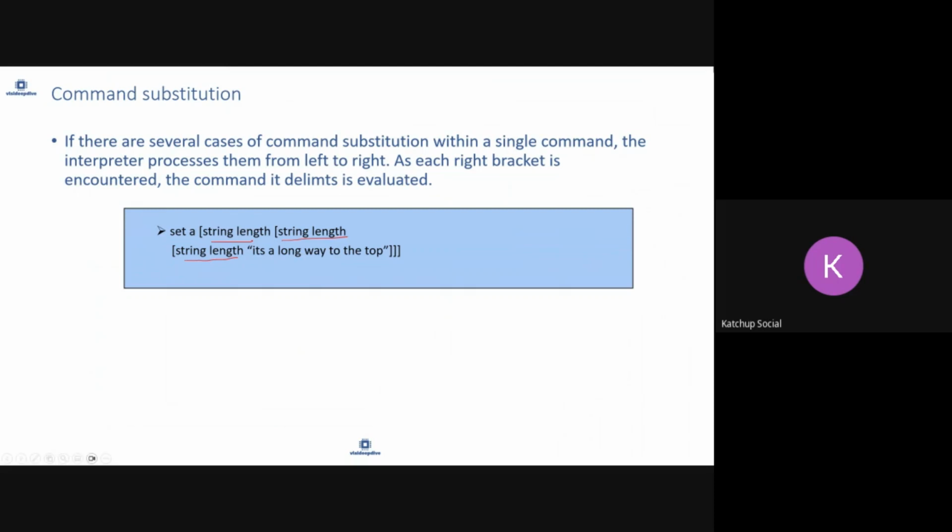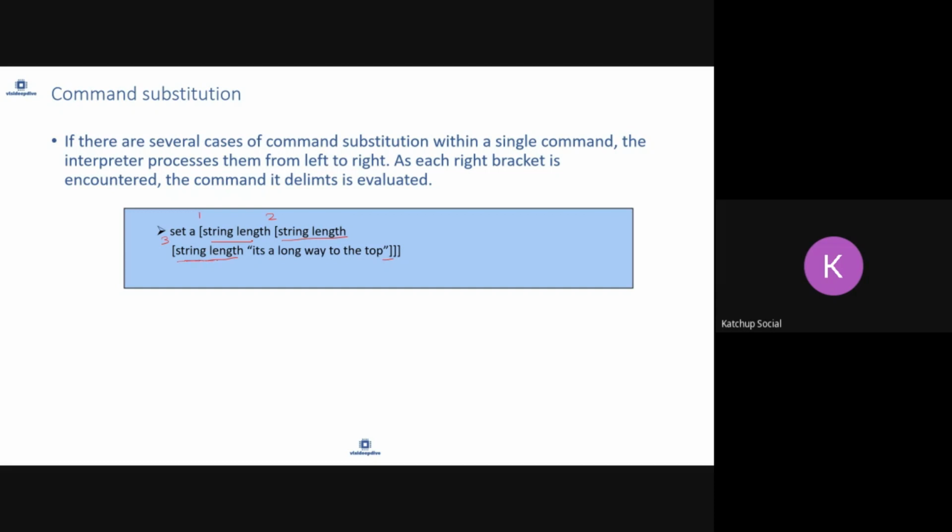The interpreter, or Tcl compiler, will go from left to right. It will say, okay, I encountered the first bracket, then the second bracket, then the third bracket. Now I encountered a close bracket.